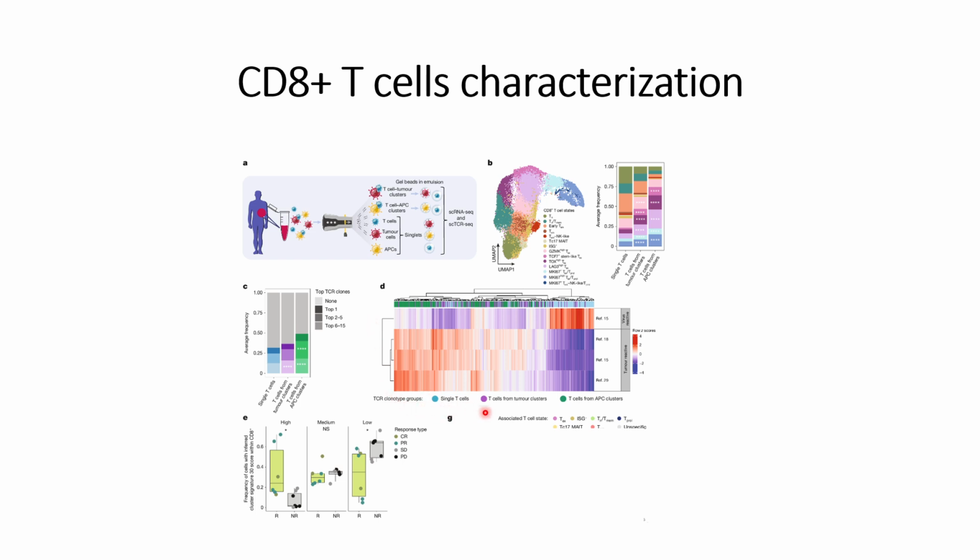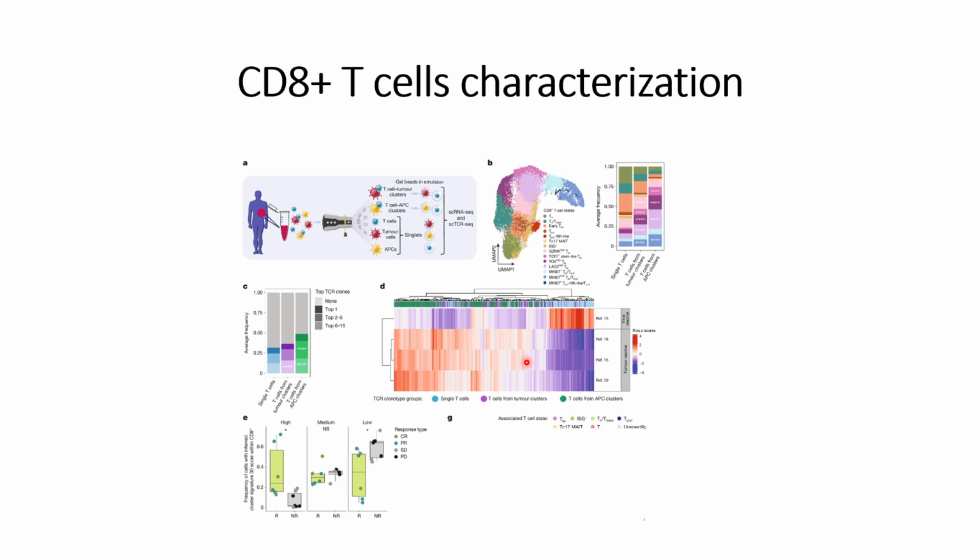And in order to further validate this point, they characterized these different T cells, the single T cells, T cells clustered with tumors, and T cells clustered with APC, using gene expressions. They were able to see that the single T cells are more expressed towards the virus reactive state, which is the common state for bystander T cells. Whereas the T cells clustered with the tumors or with the APC are more expressed in the tumor reactive state.